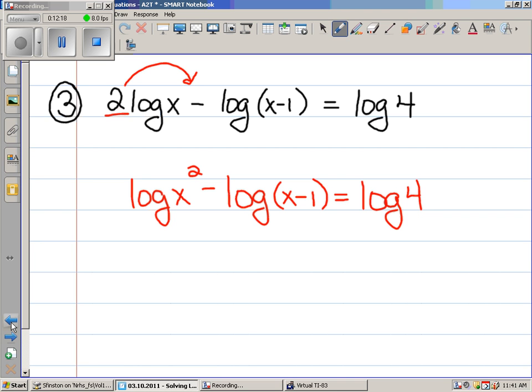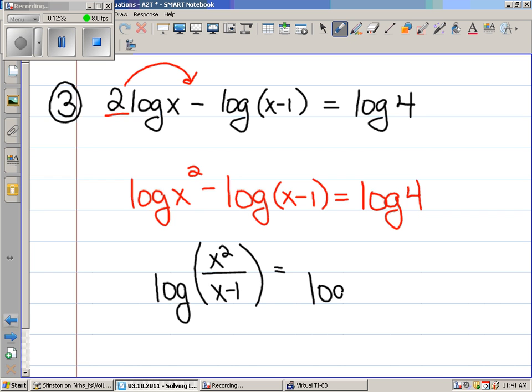It's division. So I would say that the log of x squared over x minus 1 equals the log of 4.